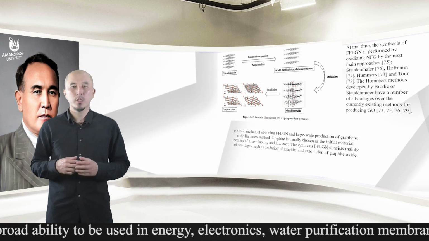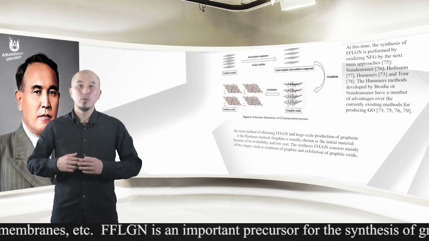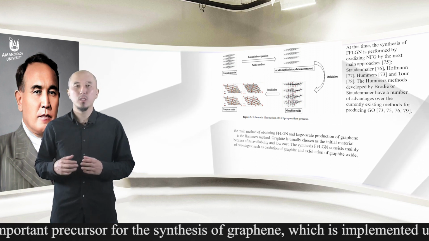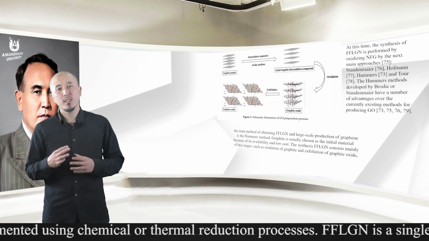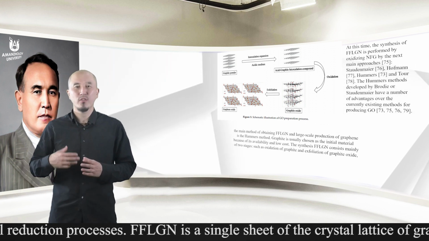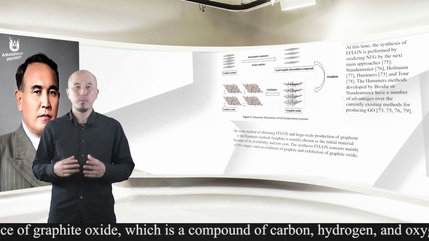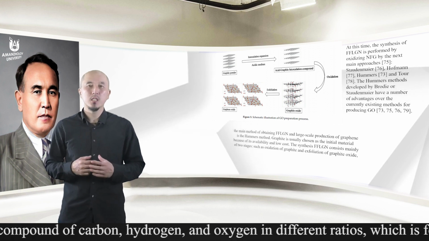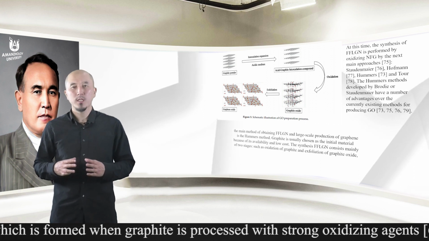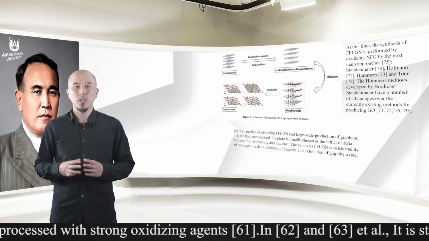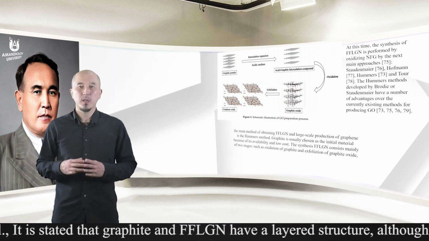In addition, reports say that FFLGN attracted much attention due to its broad ability to be used in energy, electronics, water purification membranes, etc. FFLGN is an important precursor for the synthesis of graphene, which is implemented using chemical or thermal reduction processes. FFLGN is a single sheet of the crystal lattice of graphite oxide, which is a compound of carbon, hydrogen, and oxygen in different ratios, which is formed when graphite is processed with strong oxidizing agents.